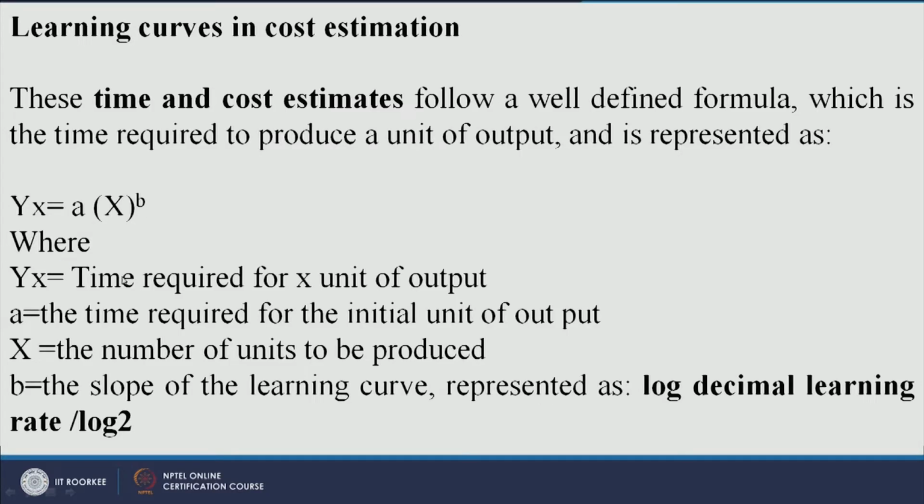Where Yx is the time required for x units of output, and A is the time required for the initial unit of output, meaning the time which you have taken to carry out an activity for the first time. X is the number of units to be produced, how many units you want to produce, and b is the learning curve exponent, which is the ratio of the log of the decimal learning rate and log 2.